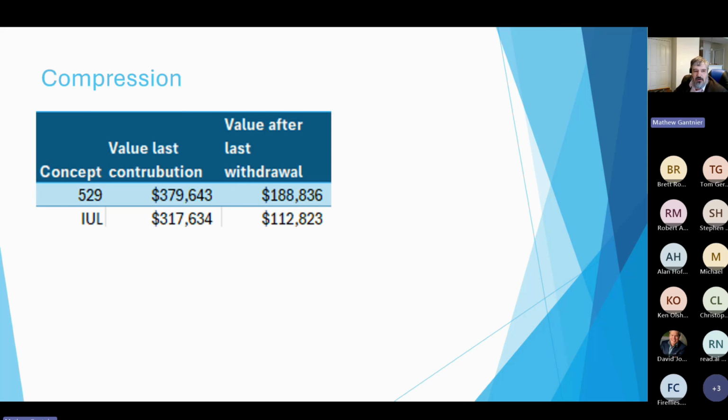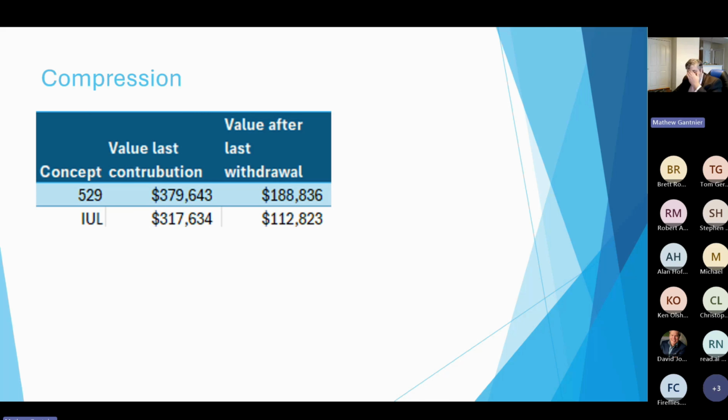And then you're also going to have a higher value after you're done with your withdrawals. So after you pay for the 4 years of education, you are going to have additional funds and additional value still within the policy, and that 529 is going to have a greater value at this point in time.